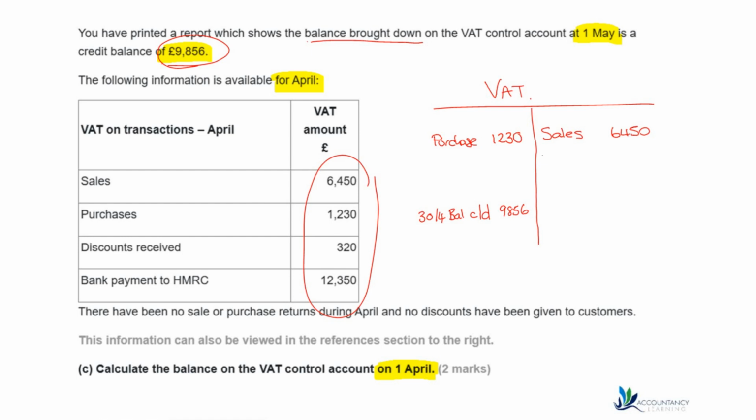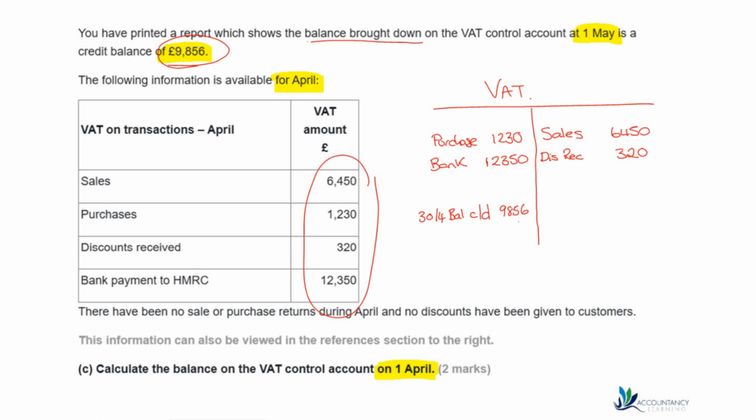The discounts received will be on the credit side because we will have claimed it back on the purchases, but we've now received a discount, so we now owe that back over to HMRC. And we've got a bank payment here as well, so that's going to reduce our liability.